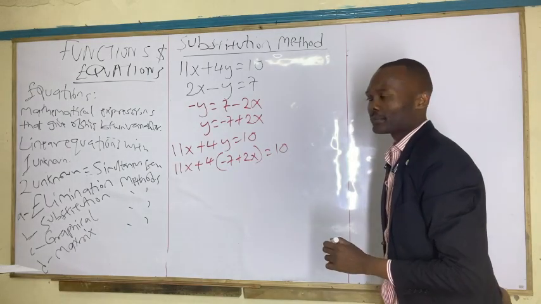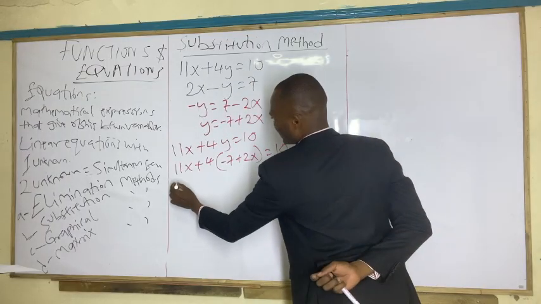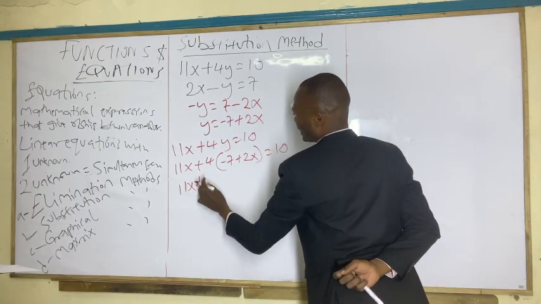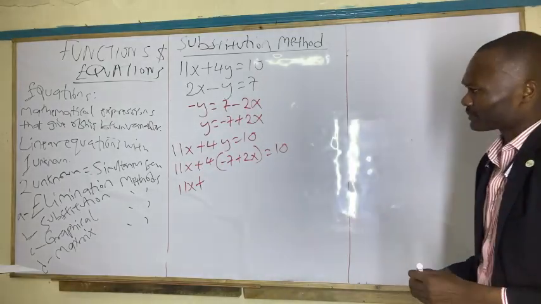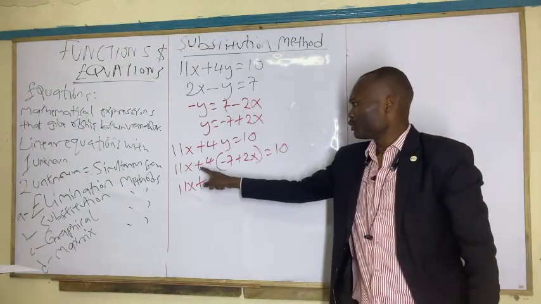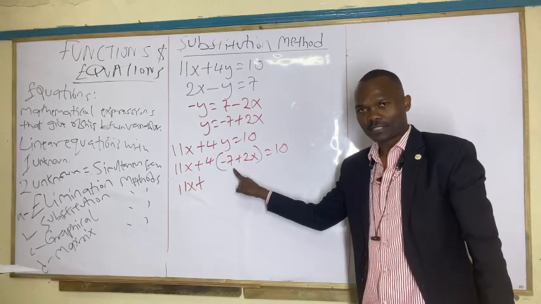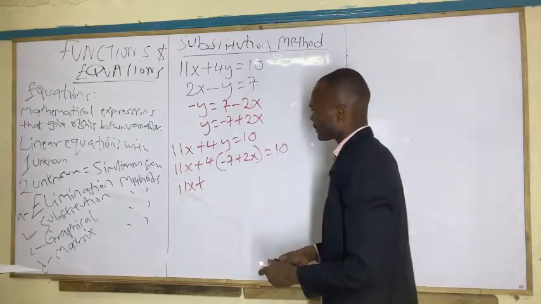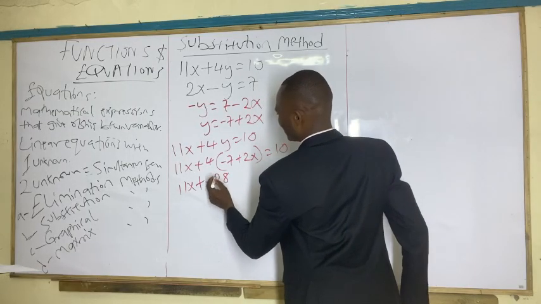I hope you are clear, because we are now substituting this y into this equation. Then we say 11x plus 4 times 7. What are we getting? We talked about it. When you multiply a positive times a negative, what are we getting? We say it's a negative. Therefore, it is negative 28, isn't it?